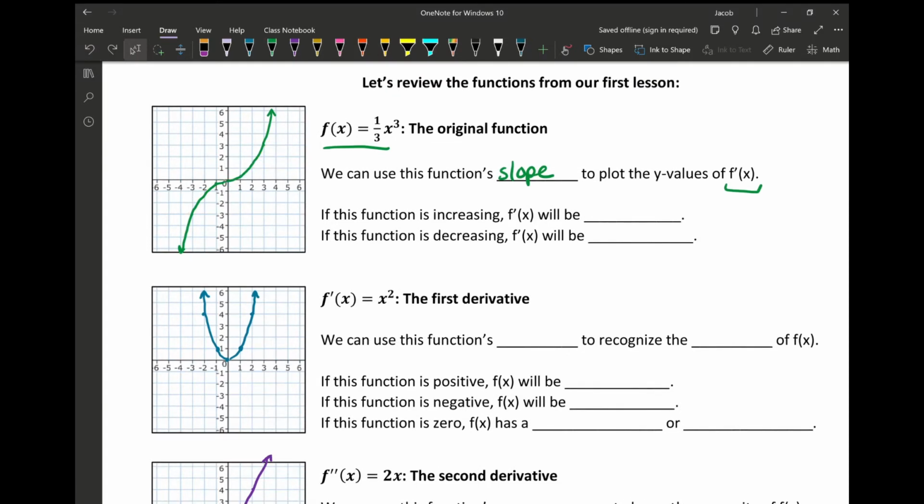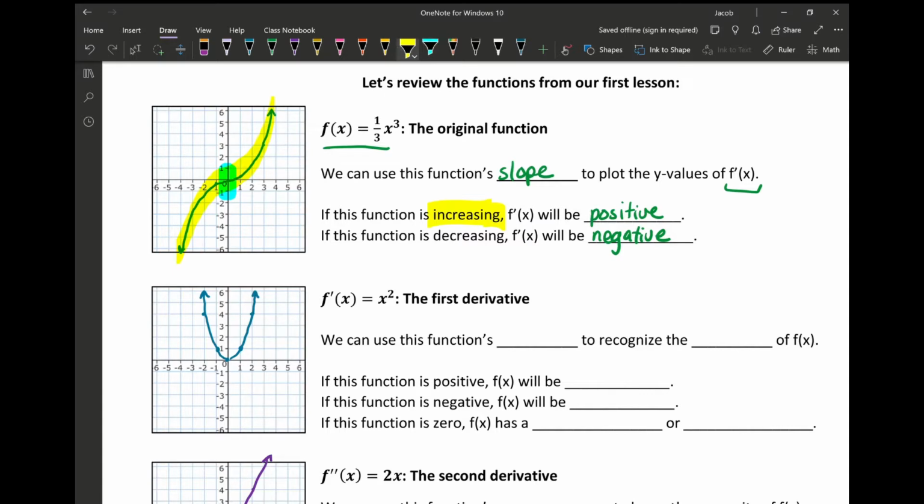So if the original function is increasing, then f prime will be positive. So the slope will be positive. If the function is decreasing, then f prime will be negative. Makes sense? We see the function increasing all the time. So, I take that back, except for this spot in the middle there at 0.